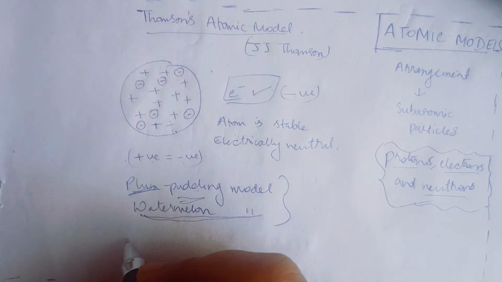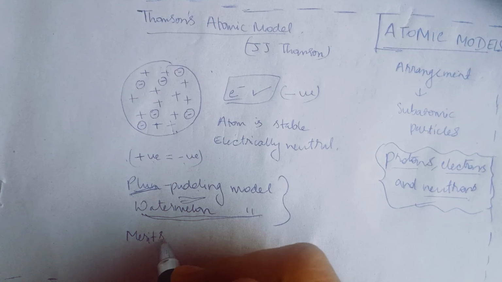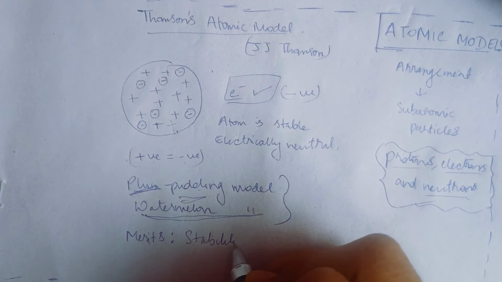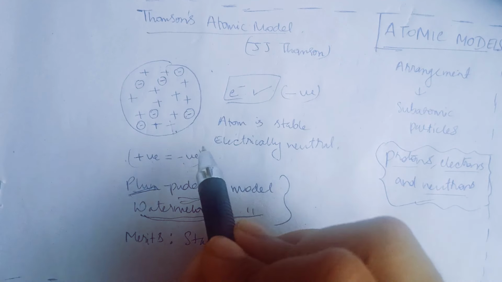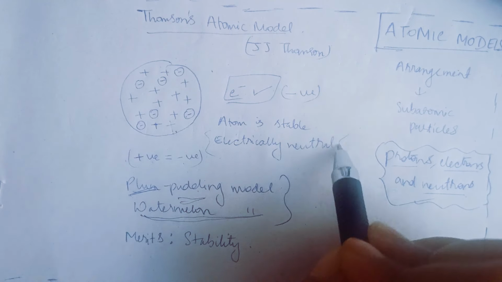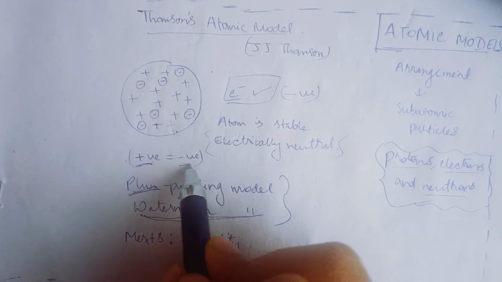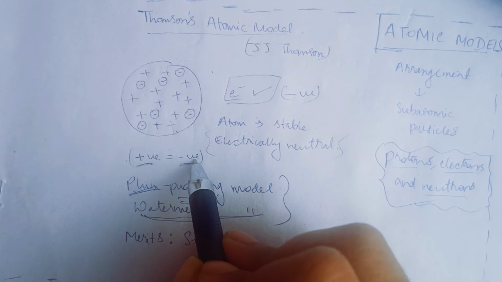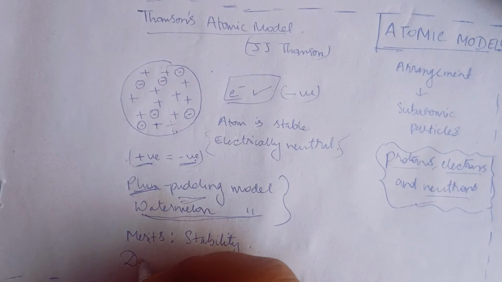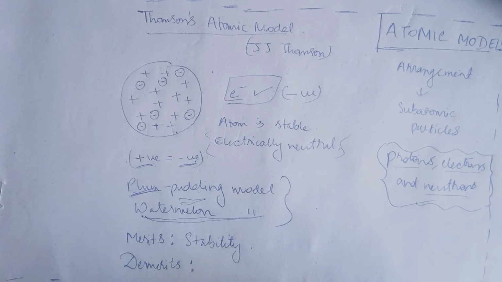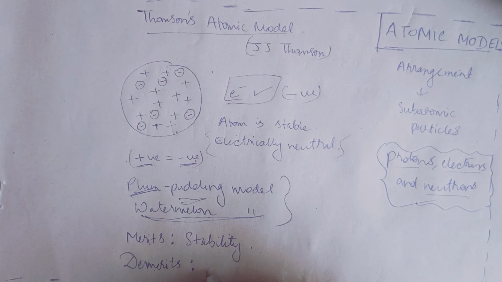Now, the merit of this model is the explanation of stability. It could explain how atoms are stable or electrically neutral, because according to this model, positive and negative charge are balanced, right? That is why. However, it also had its own demerits, and the demerits arrived when further experiments were conducted.